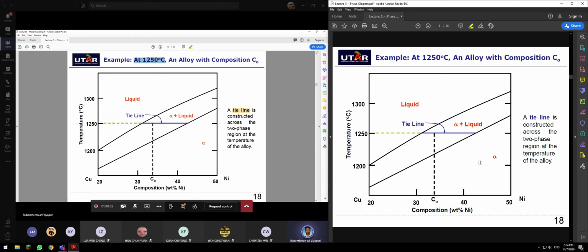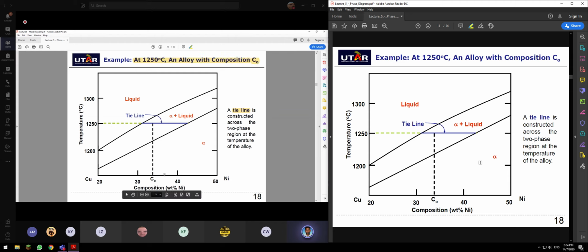At 1250, an alloy having a composition C0, let's say this is 34 weight percentage of nickel at 1250 degrees Celsius.